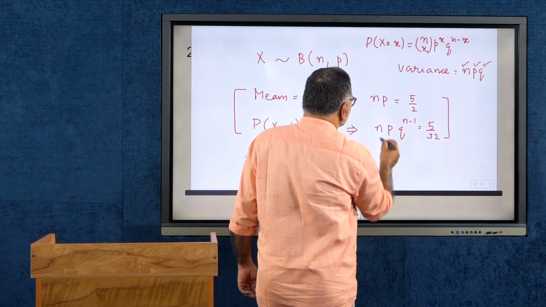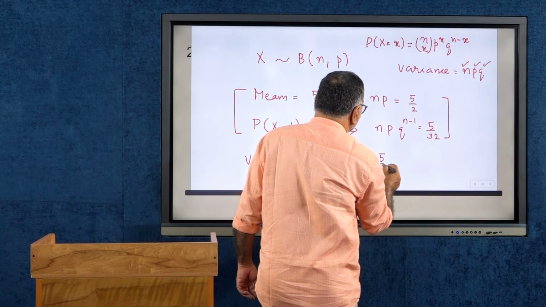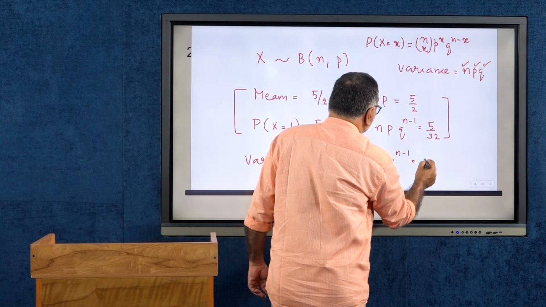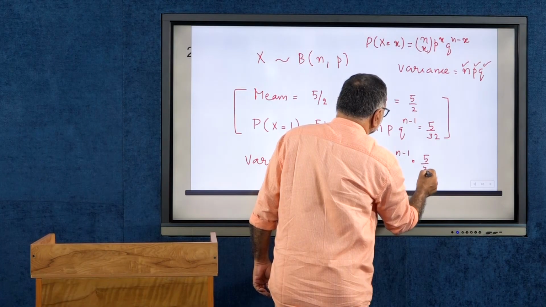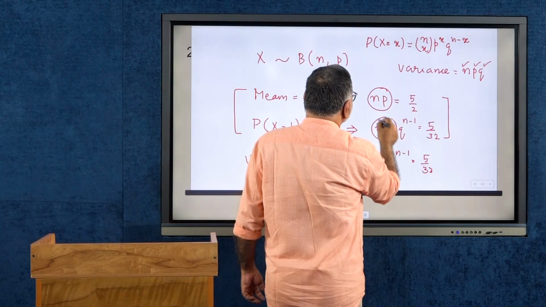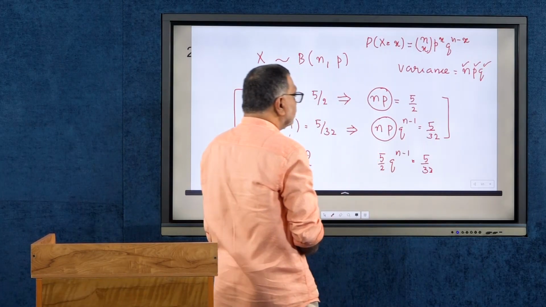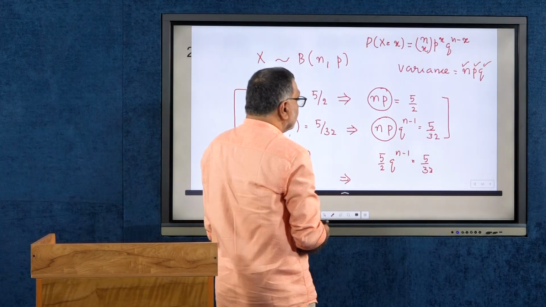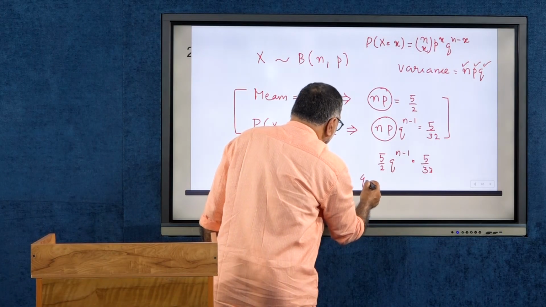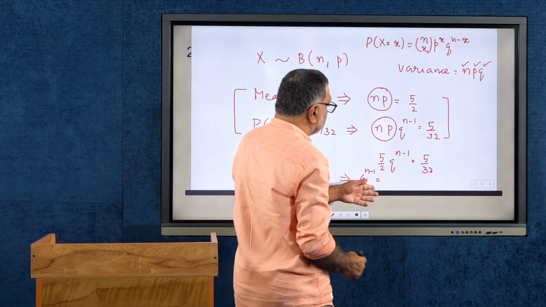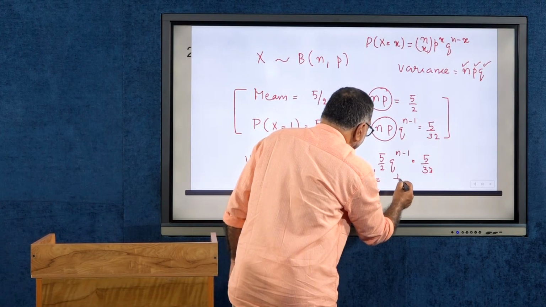You have, this is actually 5 by 2 q^(n-1) is equal to 5 divided by 32, because this np value is substituted as 5 by 2, and that gives q^(n-1) is equal to 1 by 16.